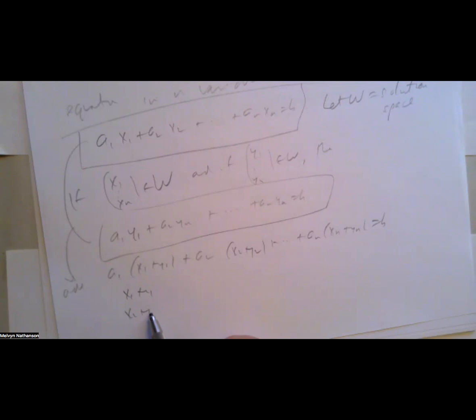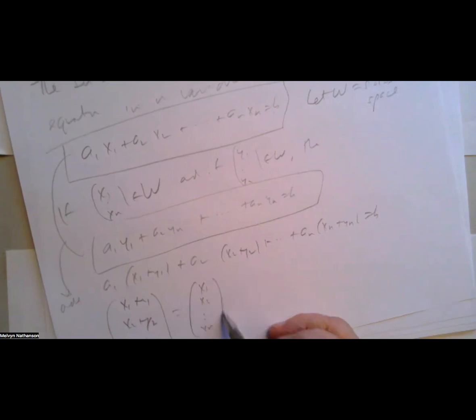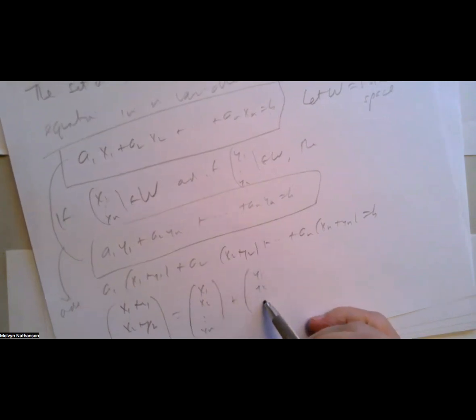And if I take these two solutions and I add them, I get a1 (x1 plus y1) plus a2 (x2 plus y2) plus an (xn plus yn) equals b. So that means that the vector x1 plus y1, x2 plus y2, up to xn plus yn is in W. But this vector is just the sum of the vector of the x's and the vector of the y's.